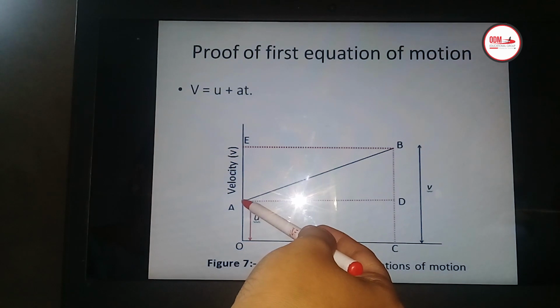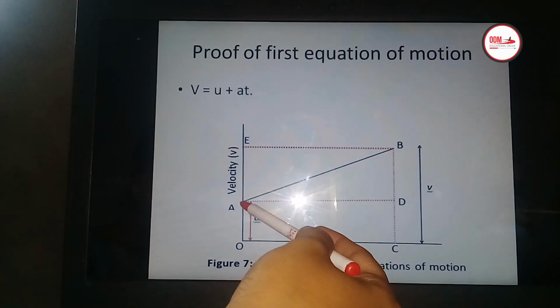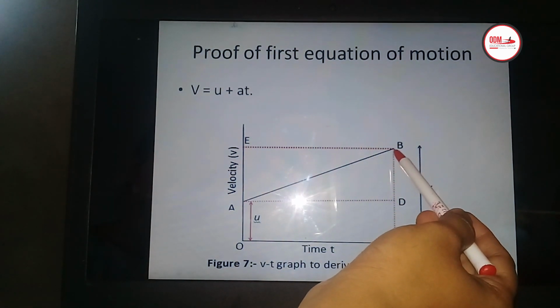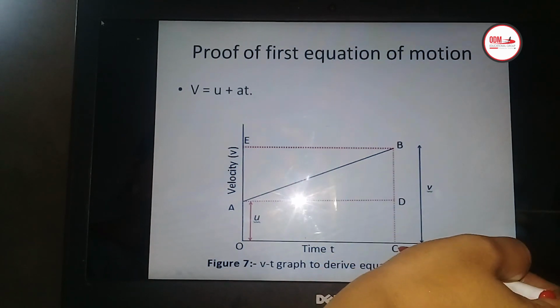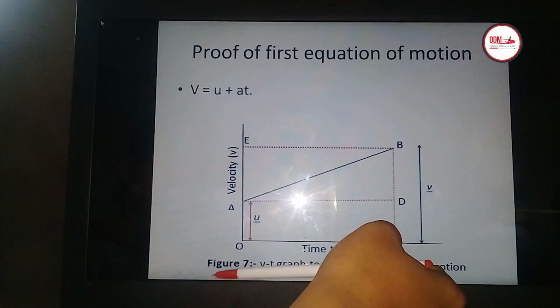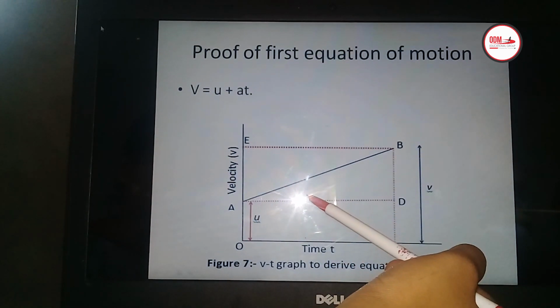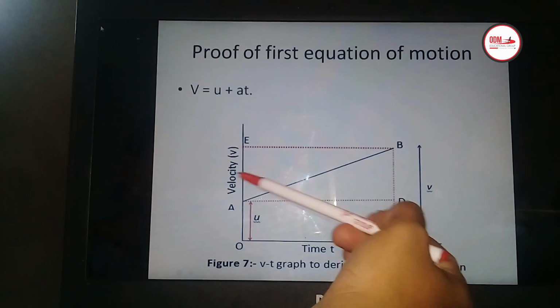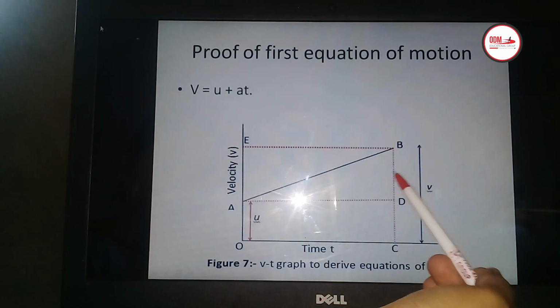That is, the object has started its motion from an initial velocity u, and it has reached the final velocity v at the point B in time t. So in time t, the object has covered a distance. In the first equation of motion, we have to prove that v = u + at.